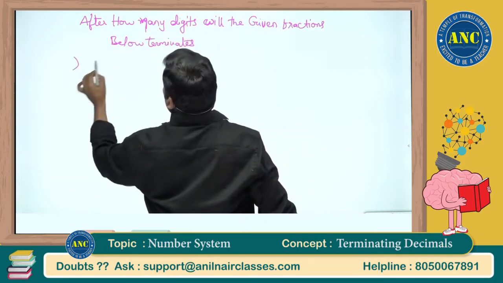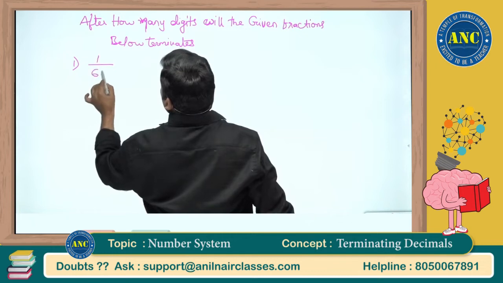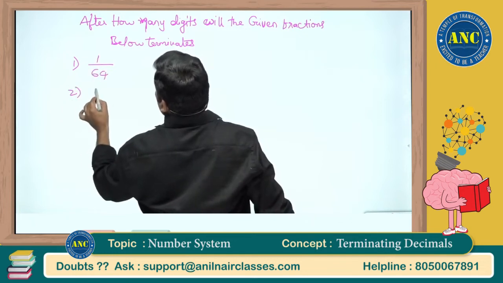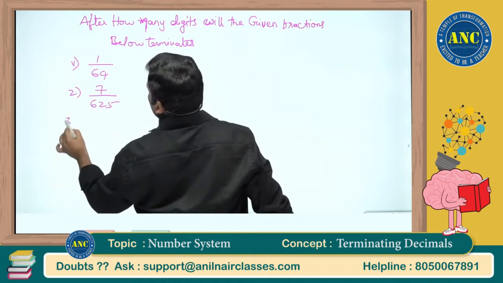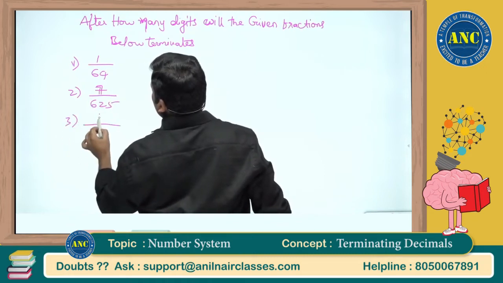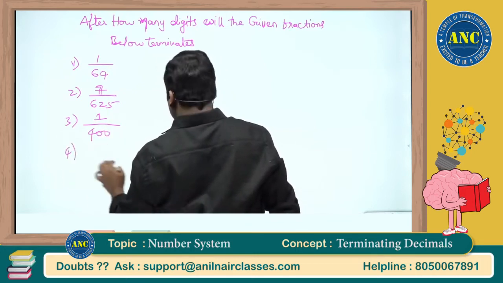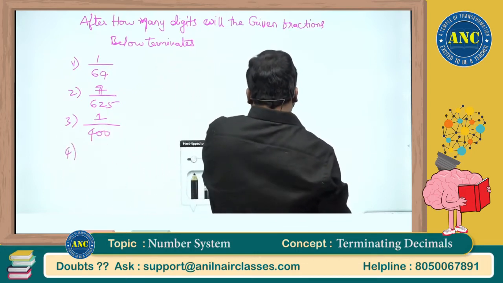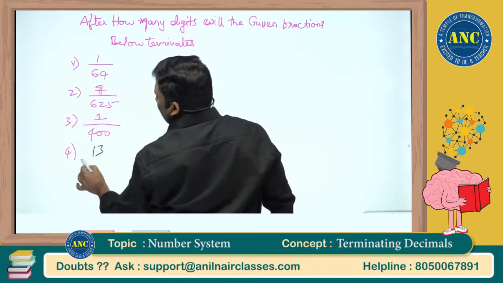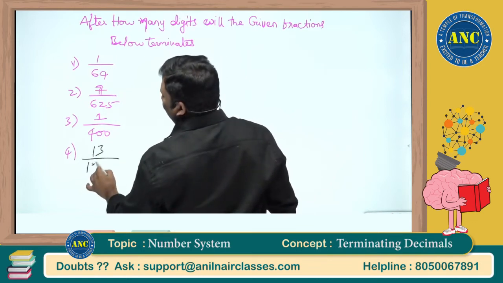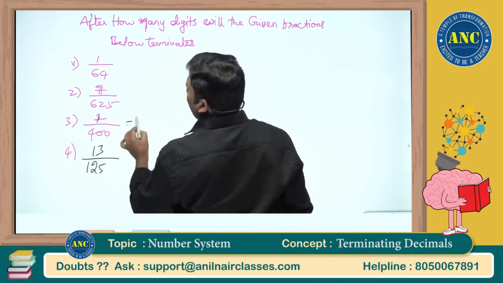One by one we will do. 1 by 64, 7 by 625, 1 by 400, 13 by 1250. One by one we will solve.